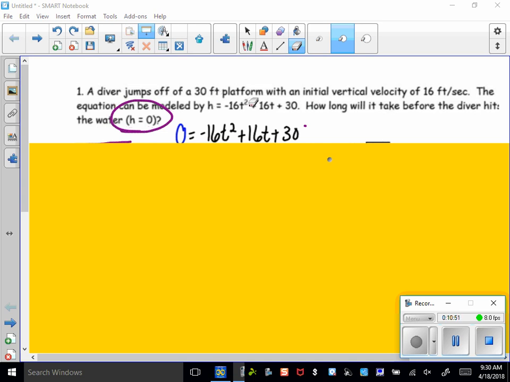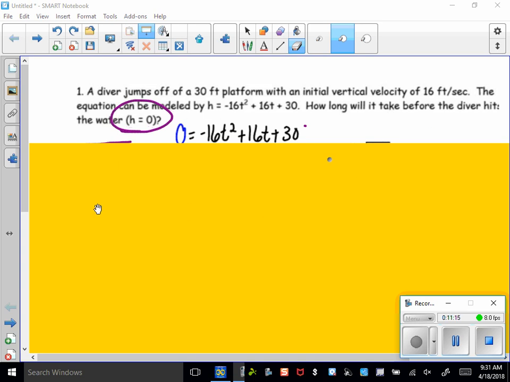And really, guys, this is just unnecessary information because they give you what the equation is. So the 30-foot platform with an initial velocity of 16 feet per second, and the equation can be modeled here. This is the most important part of all of that, the equation. Then it says, how long would it take before the diver hits the water?